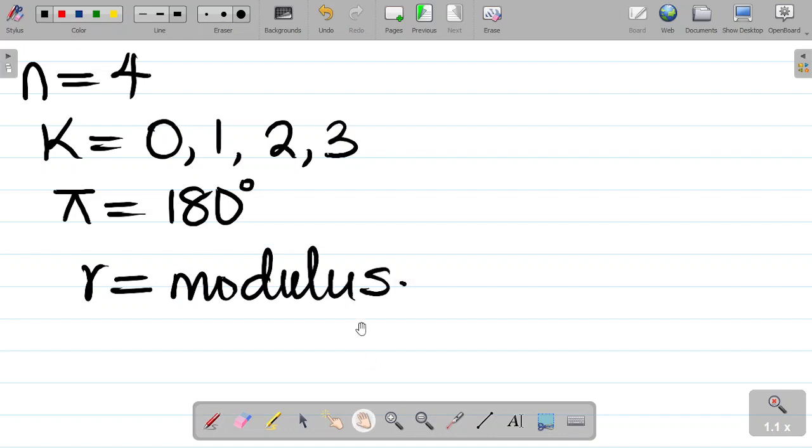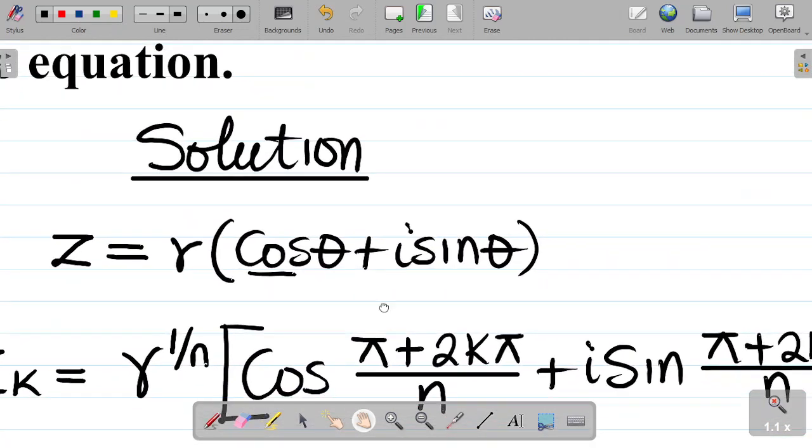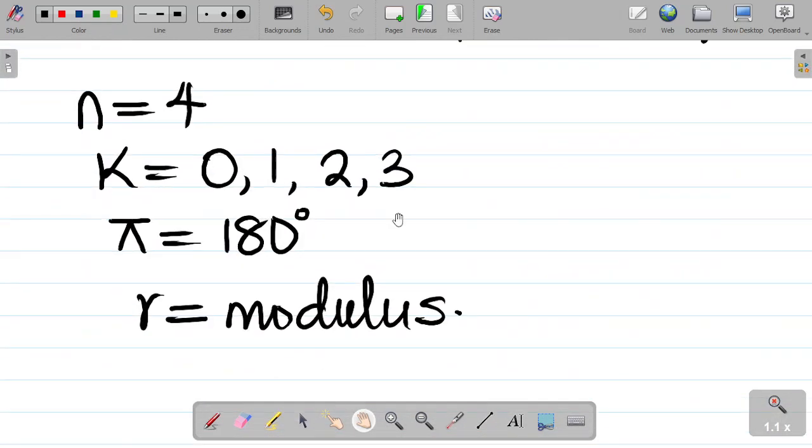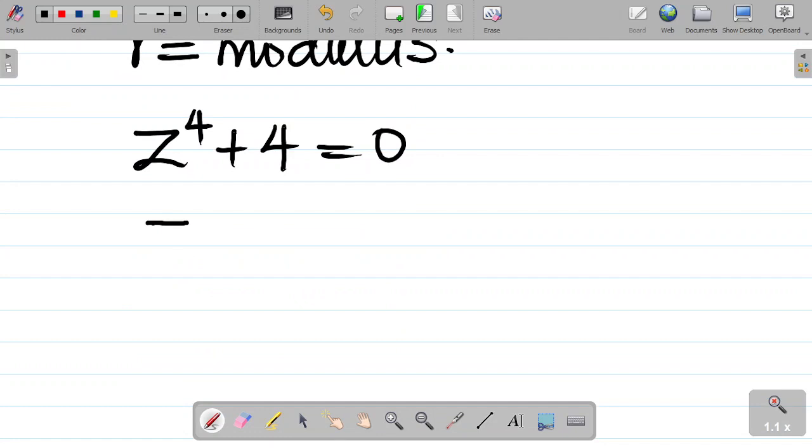That's what r represents. Now, coming back to the question, we're given that z raised to the power 4 plus 4 is equal to 0. And from here, if we solve this, we'll have that z to the power 4 is equal to, move plus 4 over here, the sign changes and it becomes minus 4.